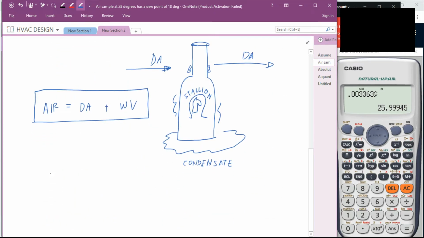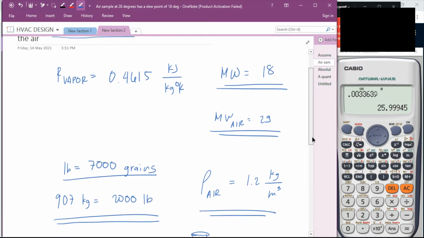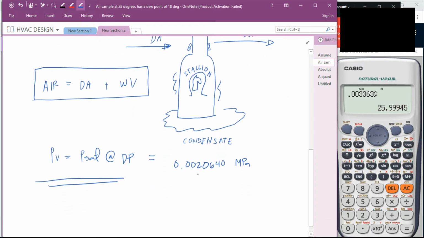Di ba PV is equal to P sat at dP. Oh. And then, by steam tables, ang makukuha mo dyan is 0.0020640 MPa, megapascals. Okay? Base dito, hanapin mo, ayan o, 18 degrees dew point. Hinahanap natin is the water vapor, ha?